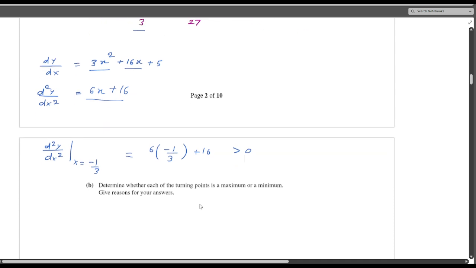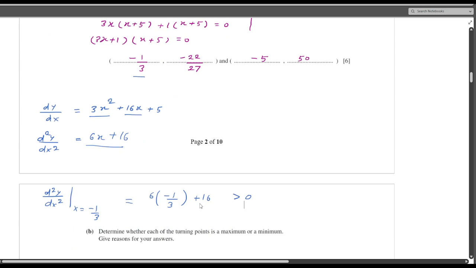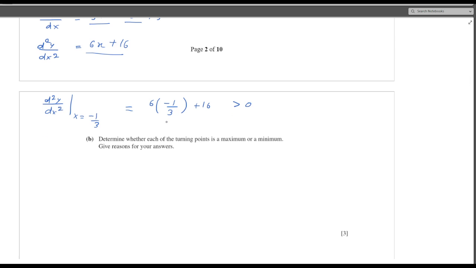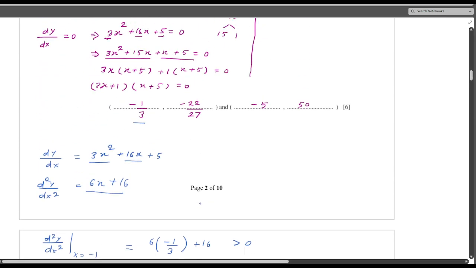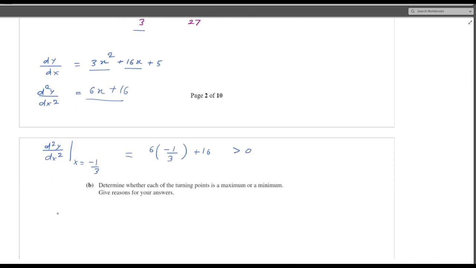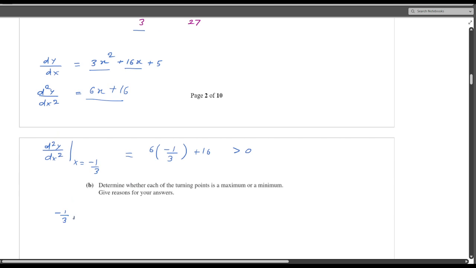Now if the result is more than 0, it indicates that this is a minimum point. So this point, (minus 1 by 3, minus 22 by 27), is a minimum.